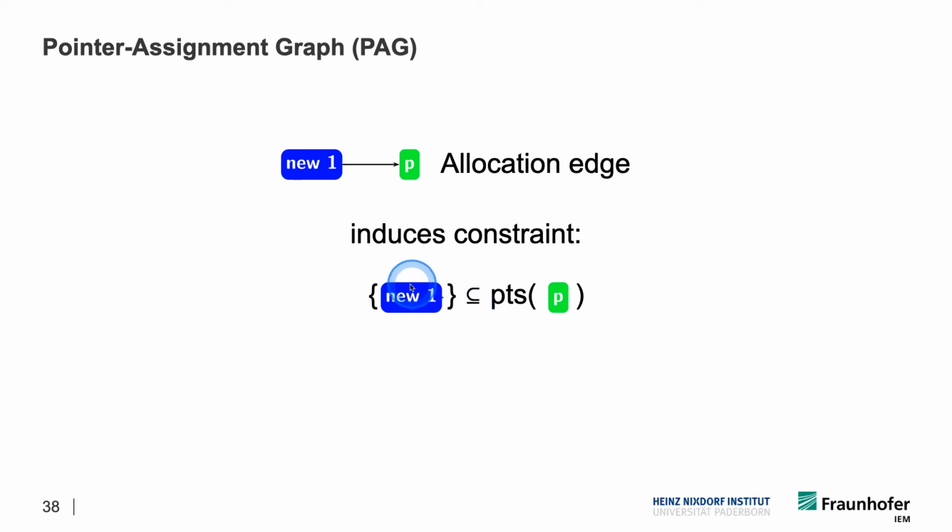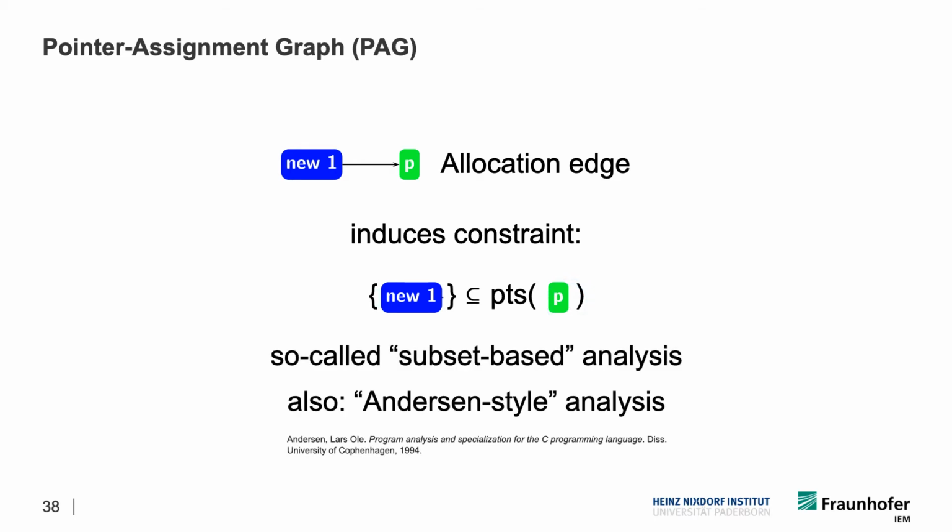So we only know that this is a subset of the points-to set of P. So PTS is the points-to set of P. It's the set of all allocation sites that P could point to. And new1 is in it, but there may be other elements in this points-to set if we look at other edges. Okay. Yeah, I just said that, so that's just for you to read at home.